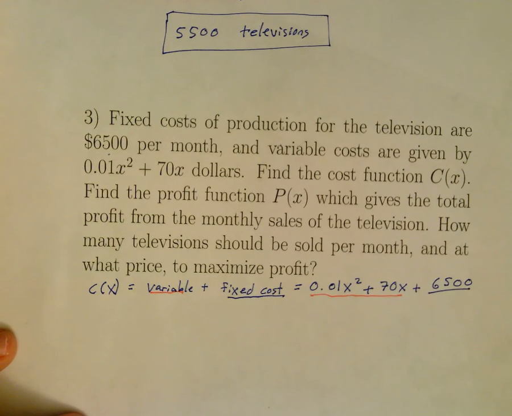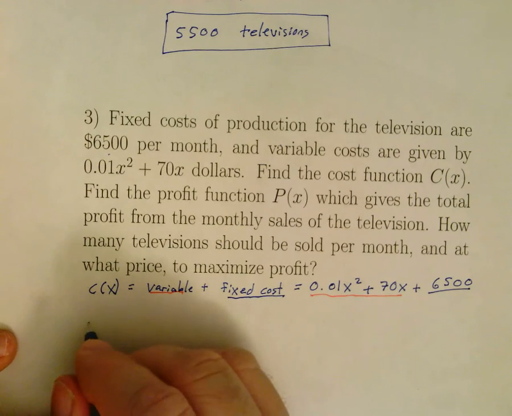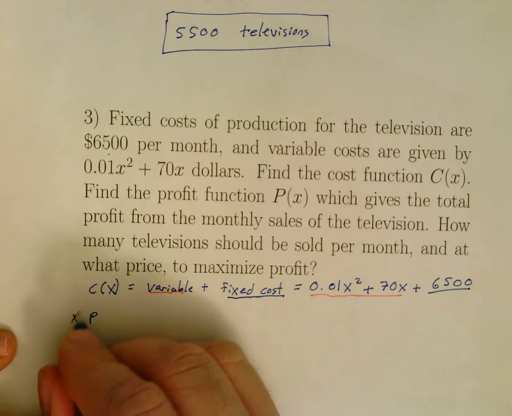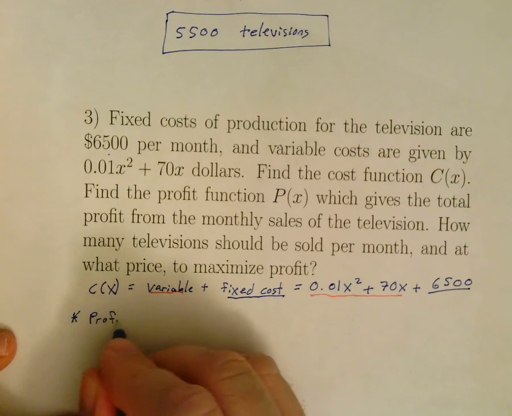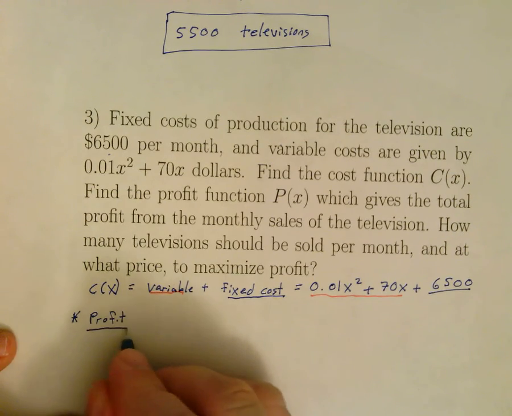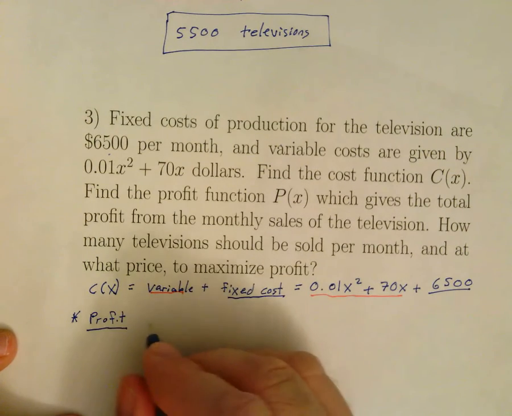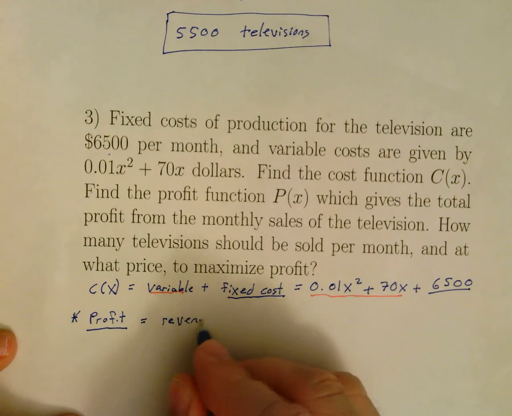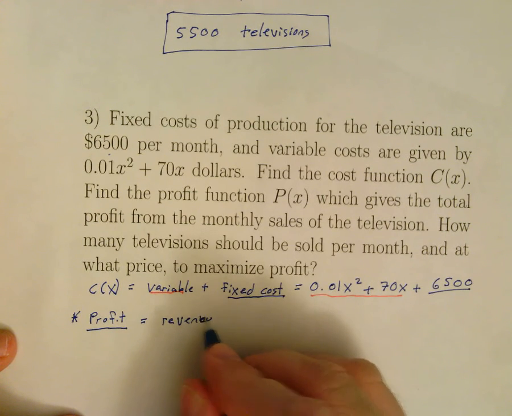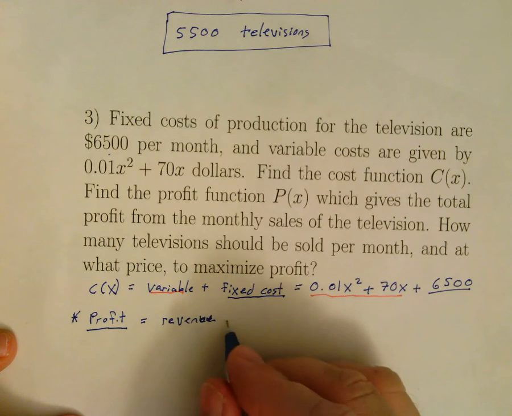Now, my profit from this, and this is something you should also know, profit is equal to revenue minus cost. Whoops, I think I had that backwards. Revenue minus cost.